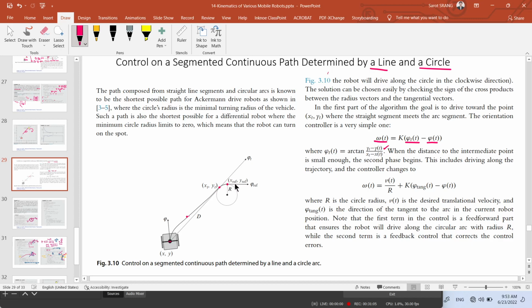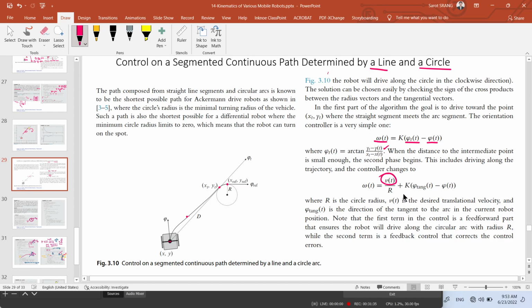On the circle, you want linear velocity as v, okay, and then the angular velocity omega must be that velocity divided by the radius. It means angular velocity rotates along the circle, right?